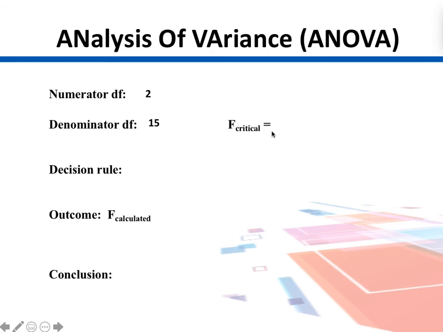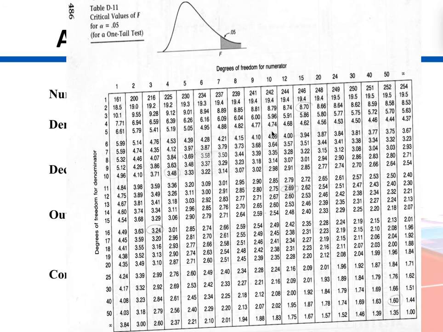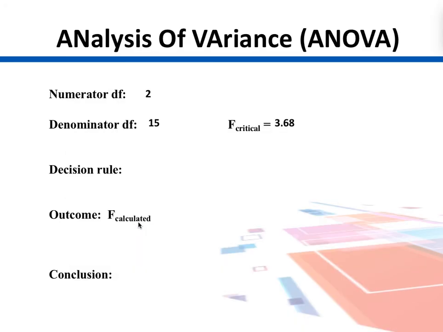So we can go into the F table and see the critical value for F. So this is the table. Our degrees of freedom are 2 for the numerator and 15 for the denominator. So it is this number, 3.68, and that's our critical number.